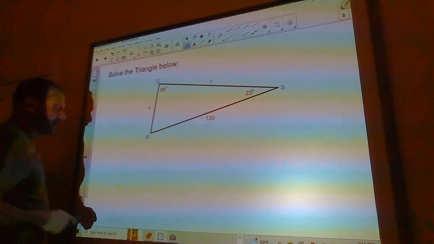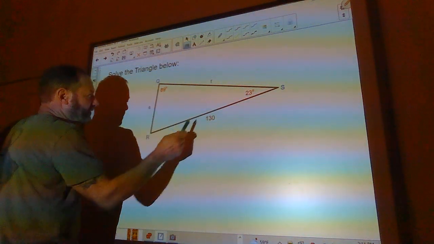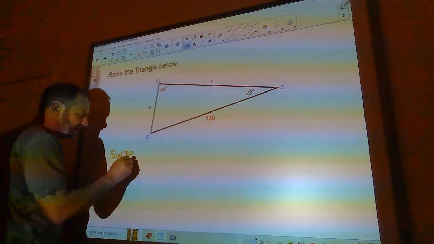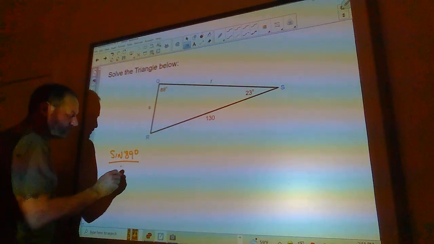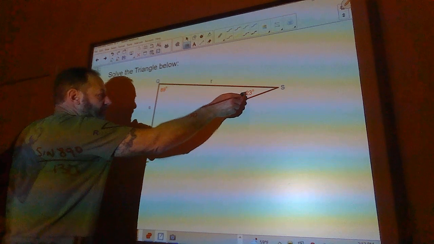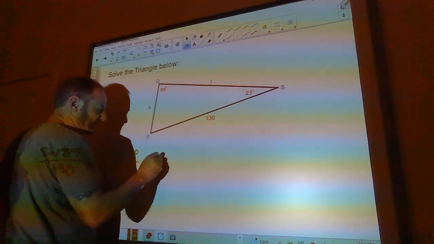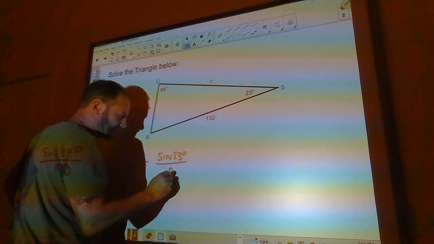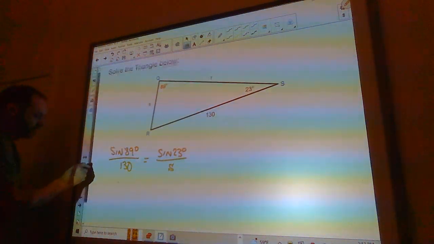Okay, so I have a known angle across from a known side, so I'm going to choose to use that. The sine of 89 degrees divided by 130. Here's my angle, this is the side that goes with it. So the sine of 23 degrees is going to go on top, and S is going to go on the bottom here.